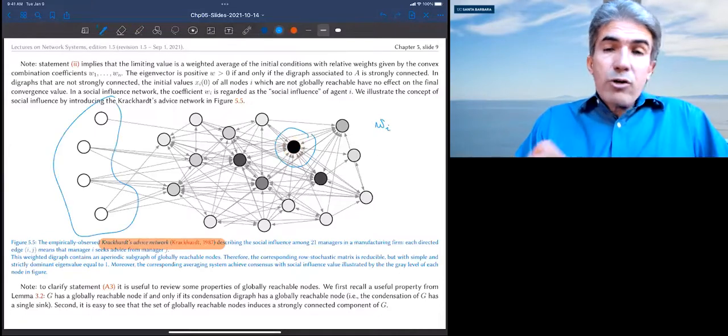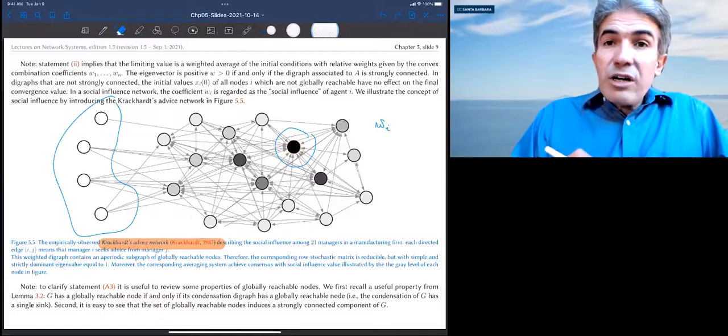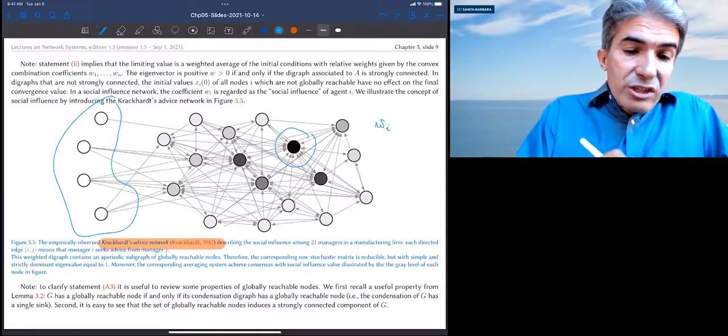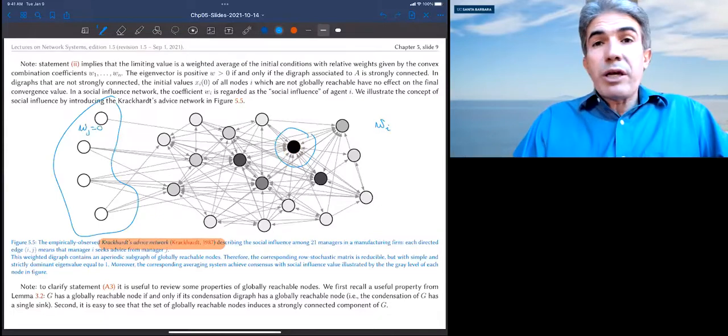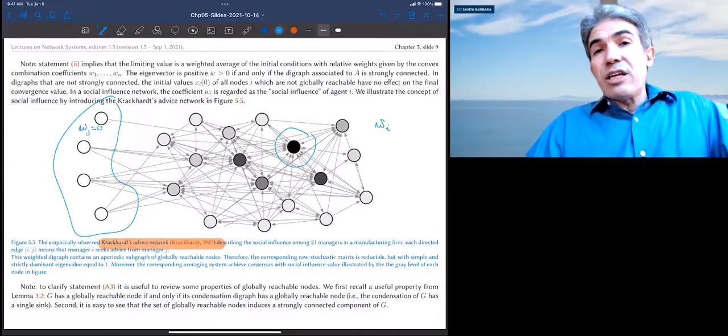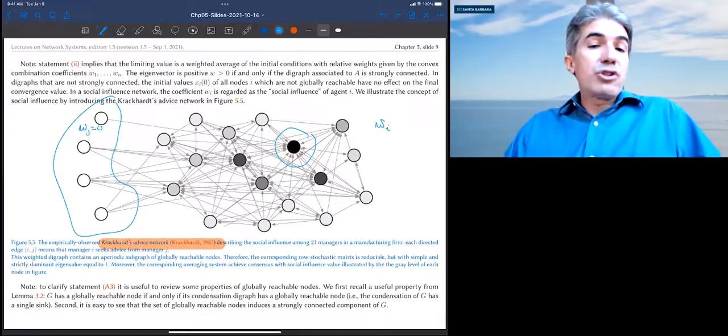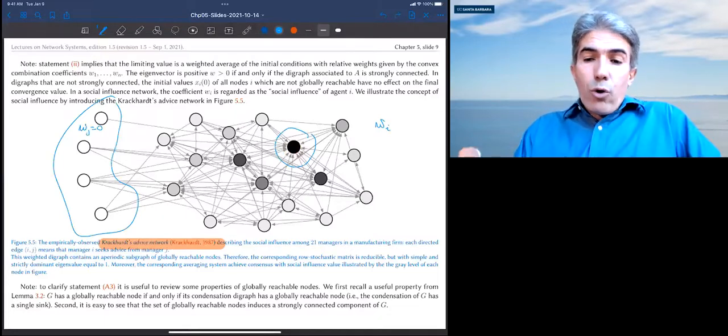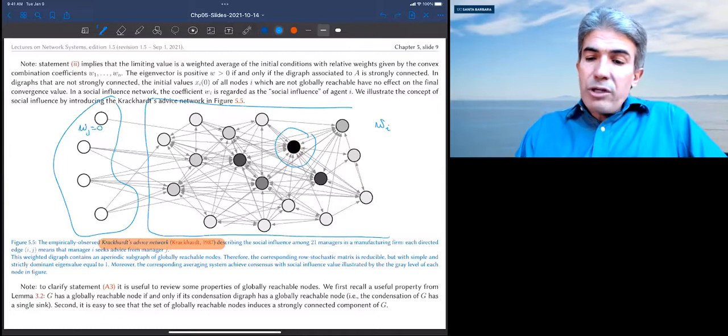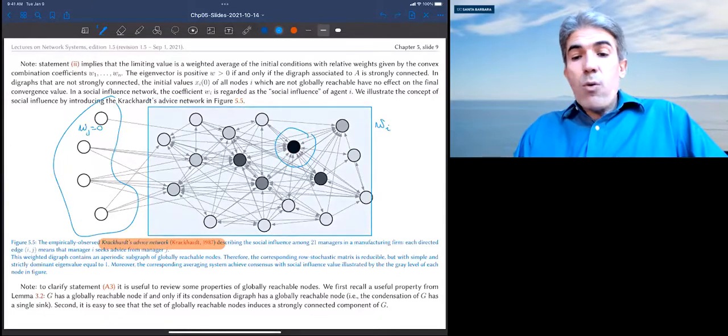These nodes are completely white. These nodes are not globally reachable. So for these nodes, let's call them J, Wj is equal to 0. They play no role in the final consensus value because they are not globally reachable. All of these other nodes are globally reachable, so they all have non-zero Wi. However, some nodes have larger Wi than others.